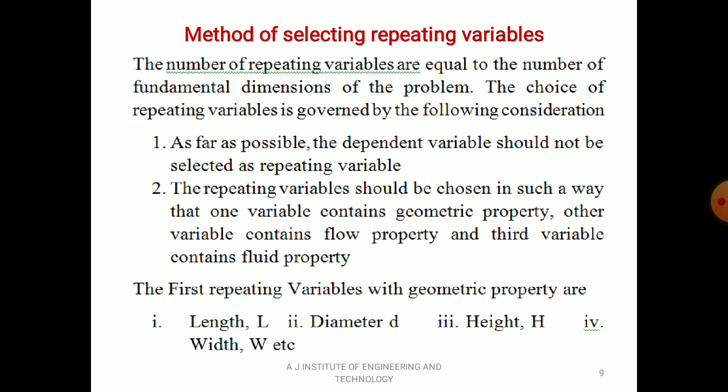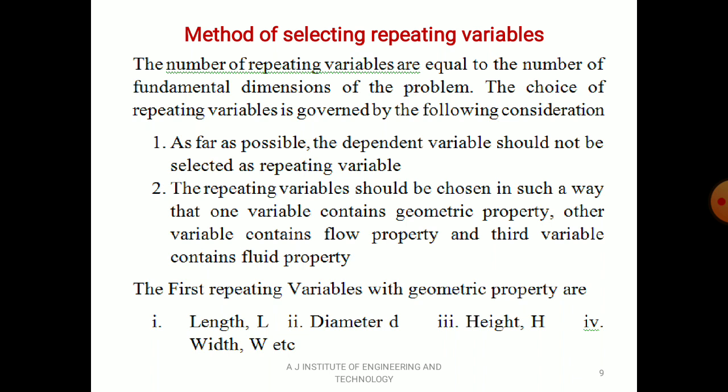The choice of repeating variables is governed by the following considerations. First one, as far as possible, the dependent variable should not be selected as a repeating variable. So you cannot select the dependent variable as a repeating variable. Second one, the repeating variables should be chosen in such a way that one variable contains a geometric property, another variable contains a flow property, and the third variable contains a fluid property.